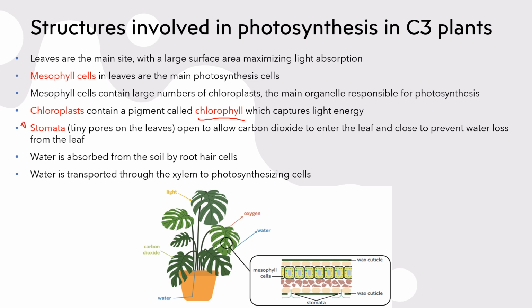We also have these things called stomata, which I've talked about just previously, which are just tiny little holes in the leaves, and that's what's going to allow the gas exchange. So obviously we need carbon dioxide to be coming in, and we need oxygen to be going out, but they're also really important for water conservation as well. We've got our water that's absorbed through roots. We hopefully know what the roots of a plant are.